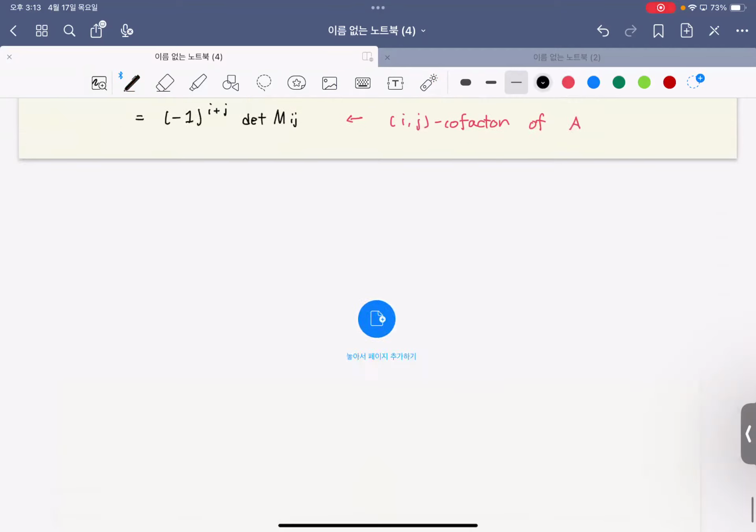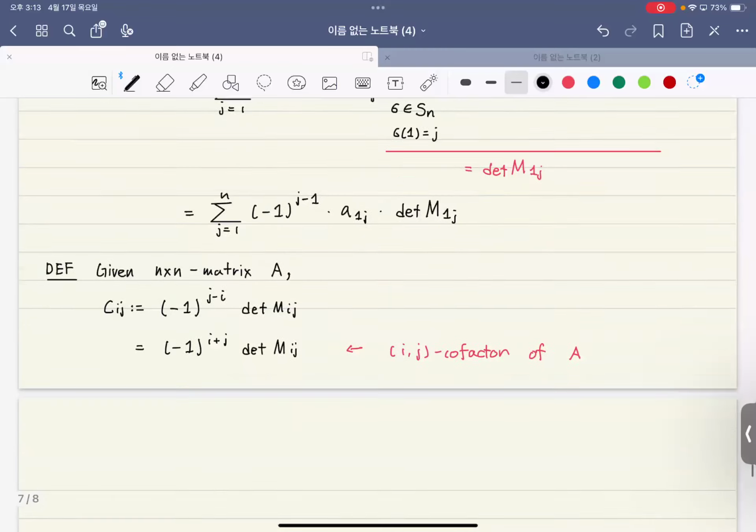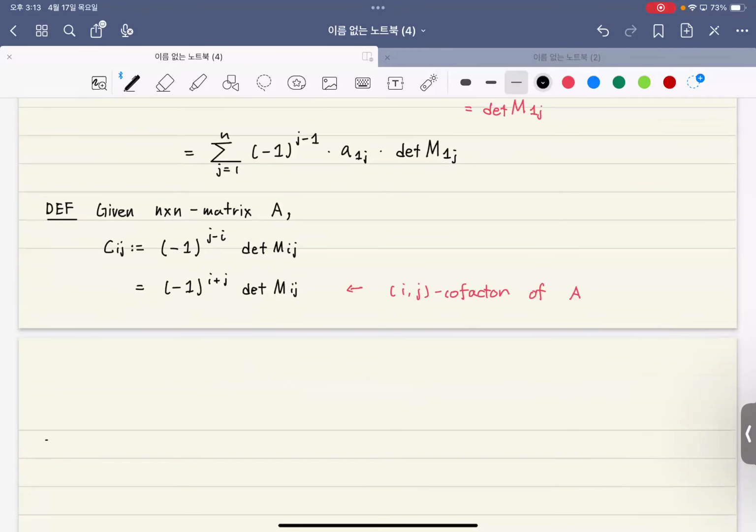So, summarizing this, now we are at the conclusion of today's lecture.